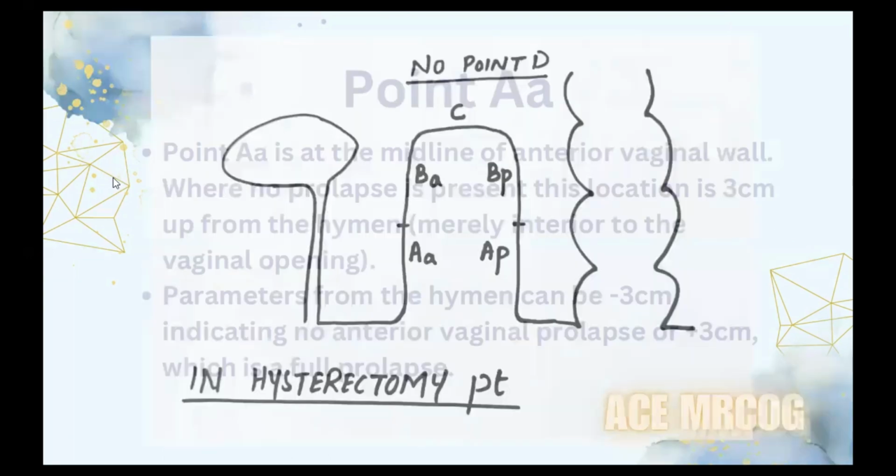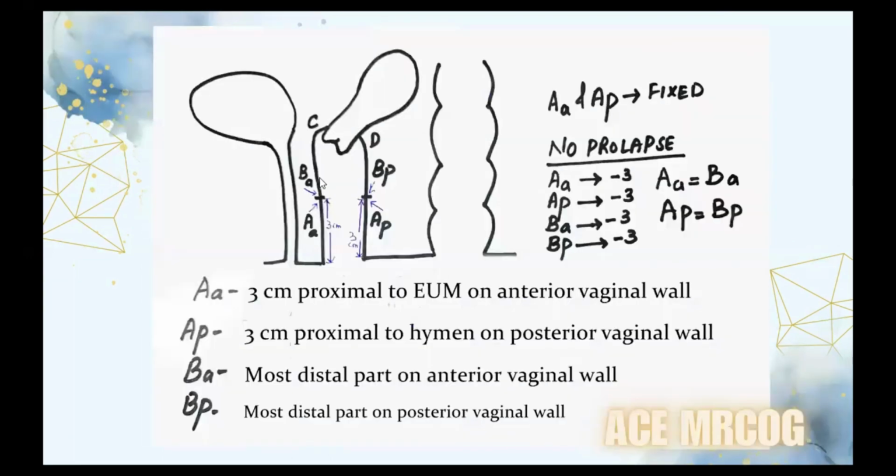Okay, so let me make it somewhat easier for you. You can say that this is the anterior vaginal wall, this is the upper portion, and this is the lower portion. So the lower 3 centimeter after the hymen is point A, and this is the upper portion of the anterior vaginal wall.